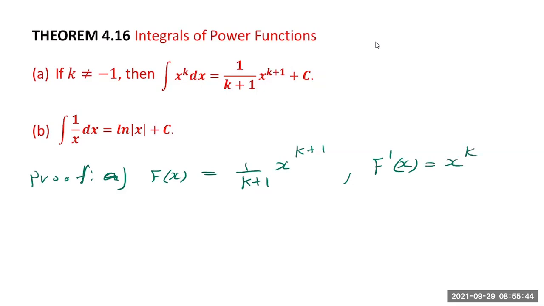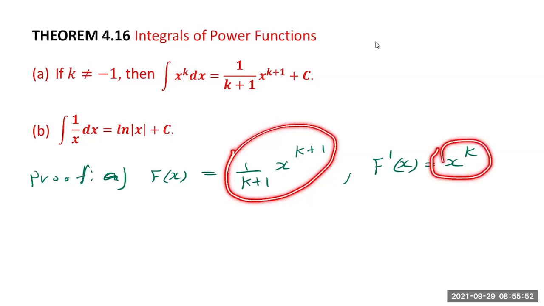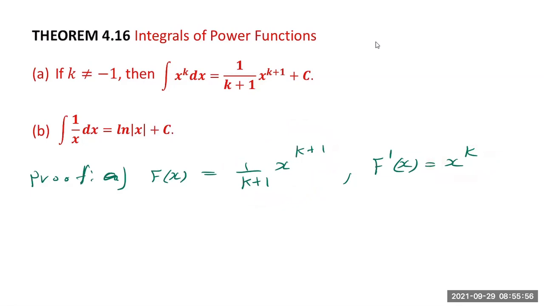That means x to the power k is your original function. Okay, that means this is an antiderivative of x to the power k. By the definition of indefinite integrals, the indefinite integral of your original function x to the power k dx is F of x plus c. c is any arbitrary constant. What is your F of x? Your F of x is this function.